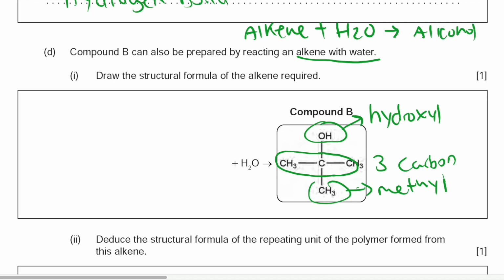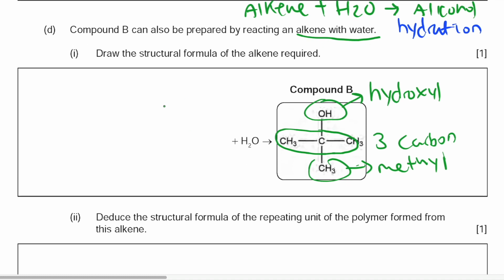And this process is known as hydration. If you are not familiar with this, go back to your notes and check if you understand this. So alkenes have to have a double bond first, and then they have one methyl and another carbon connected to the longest chain, right?